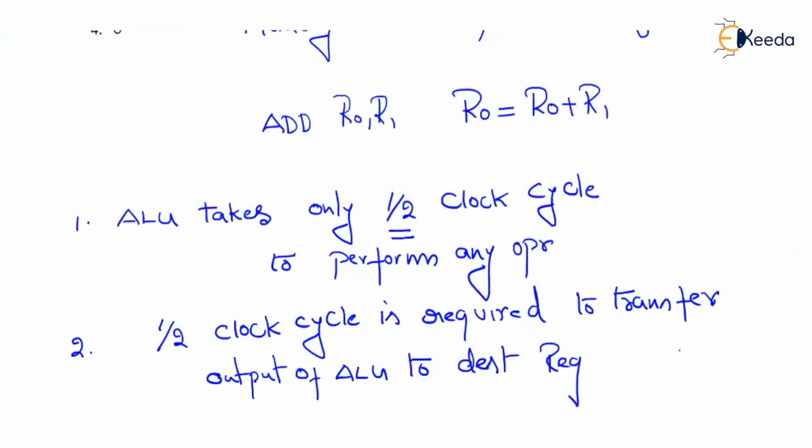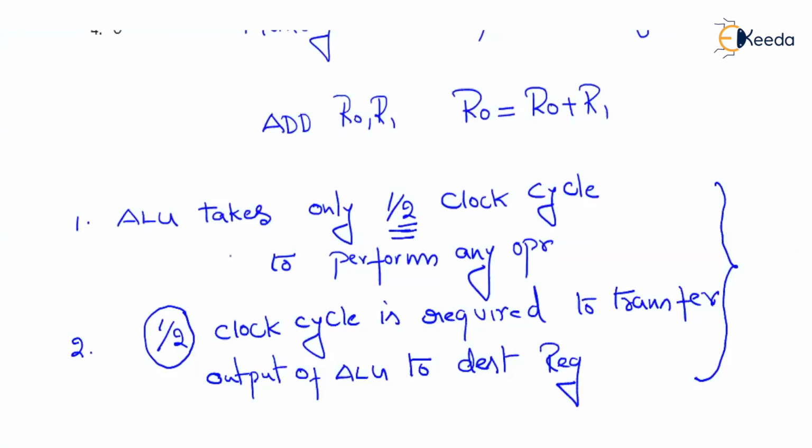If you look at these two points, you can understand that when you perform any operation, the operation requires half a clock cycle for execution, after which the ALU will have an output. Finally, the output of the ALU should be transferred to a destination register. So the remaining half a clock cycle will be used to transfer the value back to the destination register.